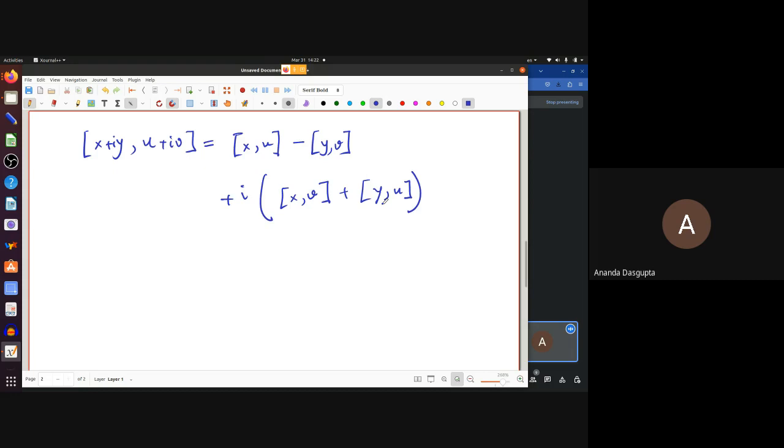That again is an obvious extension using the basic property of i times i equals minus 1 and so on. Right? So this is the Lie bracket on L tilde, built out of Lie brackets on L.